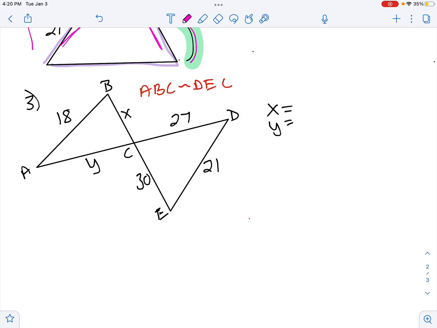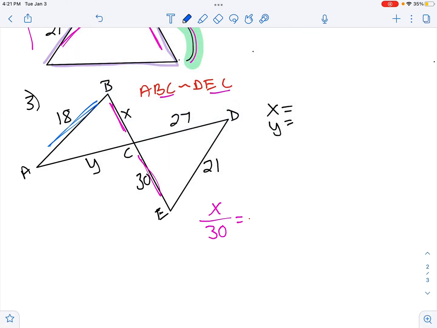All right, so for this last one, it's just a little bit different, but x and y are both sides, so you're still going to have to set up all of your ratios. So go off of the congruency statement. I'm going to start with x, and x is BC. So BC goes with EC. EC is 30.